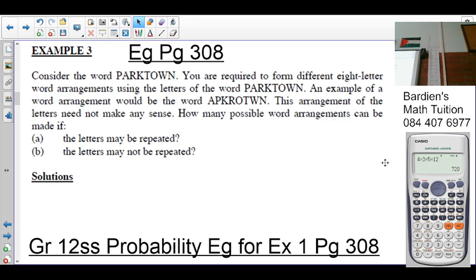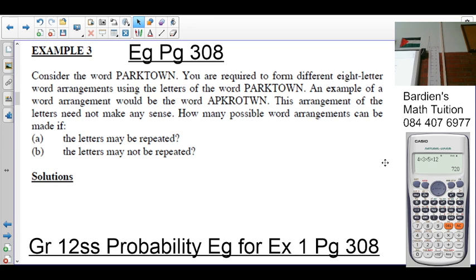This arrangement of letters need not make any sense, so it doesn't need to make words that you are familiar with or proper English words. They want to know how many word arrangements can be made if the letters may be repeated.